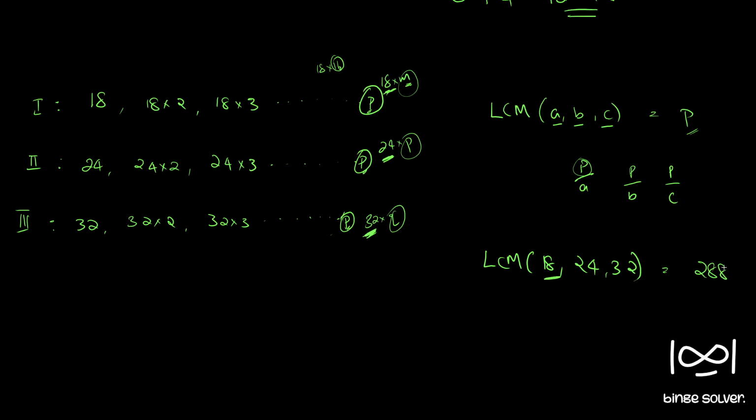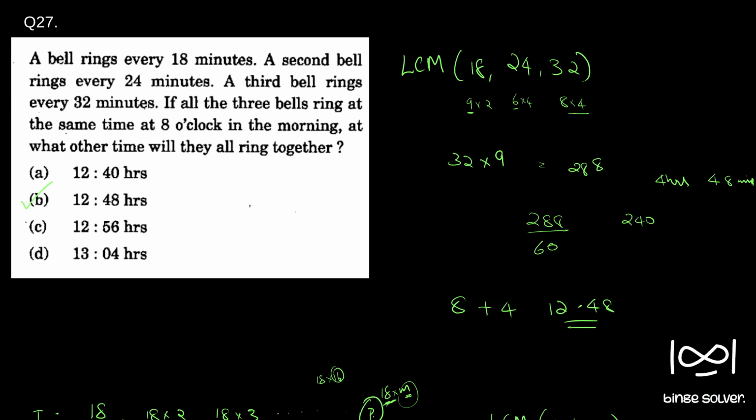This 288 is the smallest number that is common in all these three rows. It divides with 18, 24, and 32. That is why we use the concept of LCM. I hope that is clear now. Anyway, that is the solution to question 27.